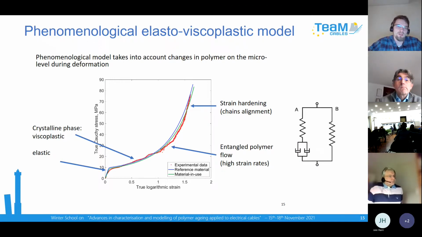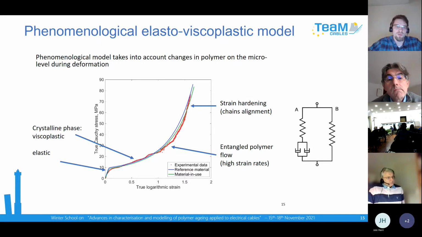So the idea here is to use a phenomenological approach. We know that in the beginning of the deformation of the material, we have an elastic regime, where we apply some forces and there are no permanent deformations in the material, no plastic deformations when we remove the external loading.